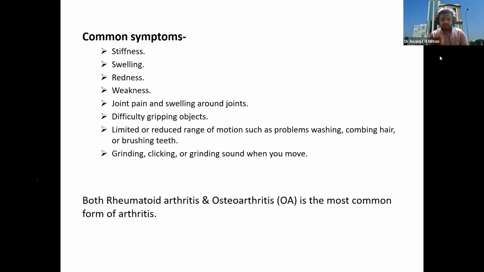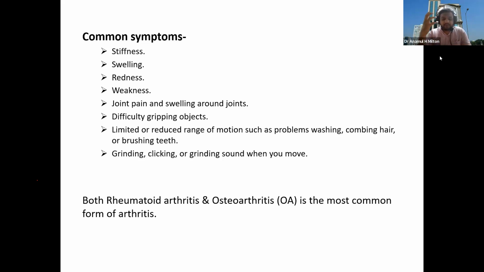Small joint arthritis or rheumatoid arthritis often starts at the wrist. The first sign you can find is only at the wrist. So with this presentation, it may be rheumatoid arthritis.